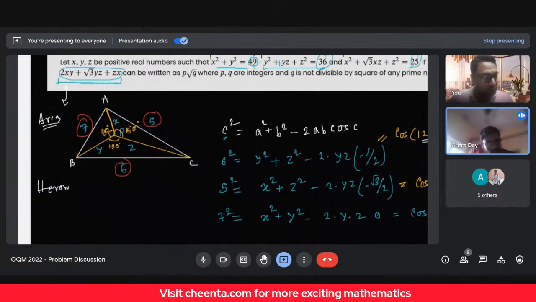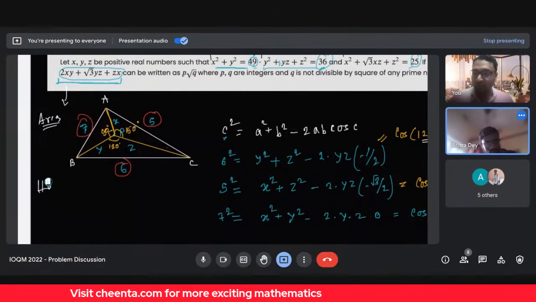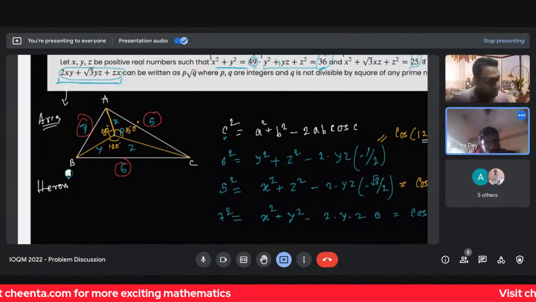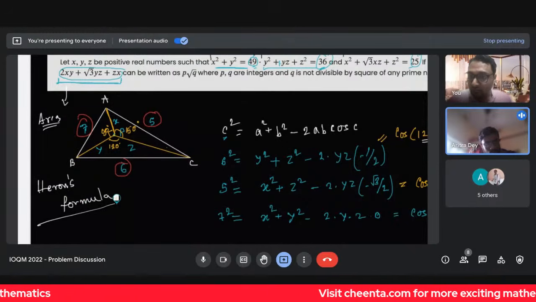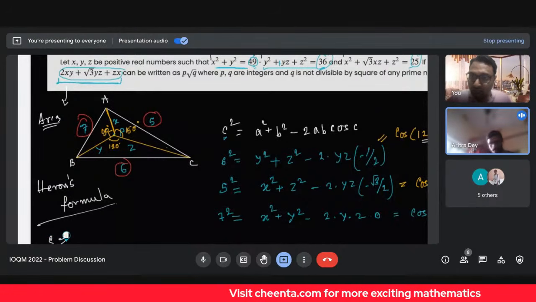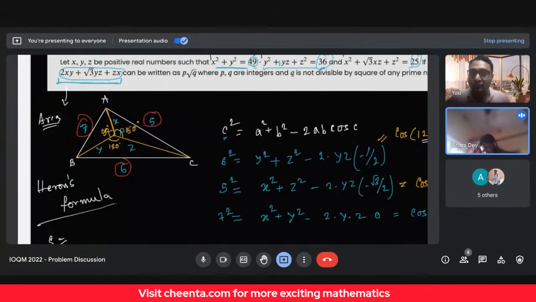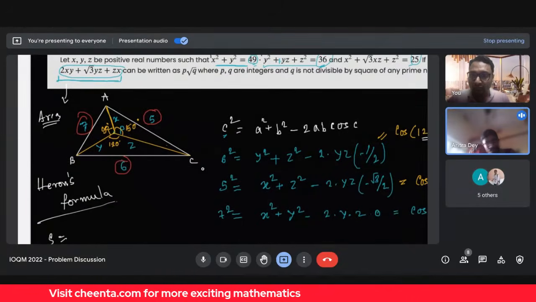Sorry for the bad handwriting. The semi-perimeter S, if I'm not very wrong, let me check one minute. The semi-perimeter S is 9.